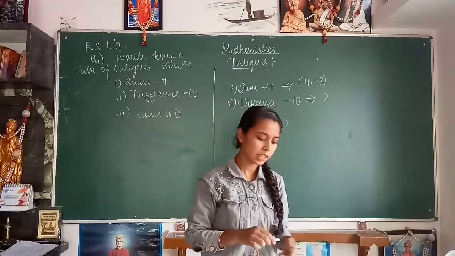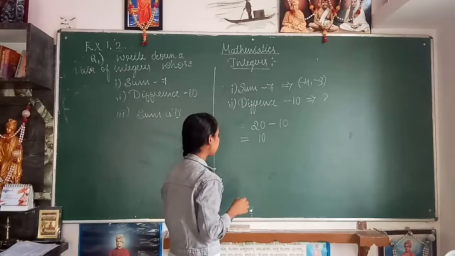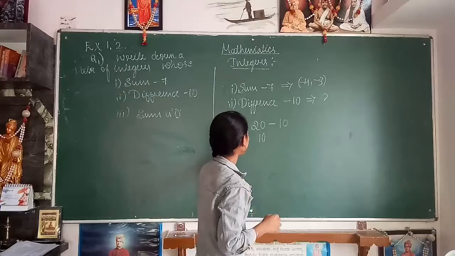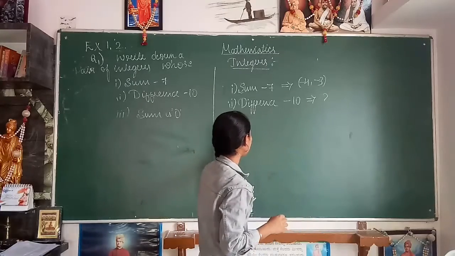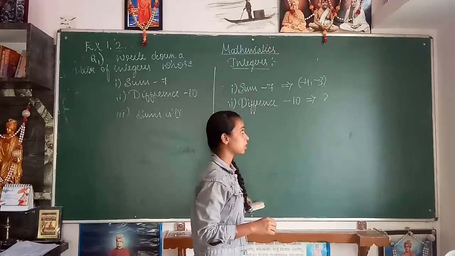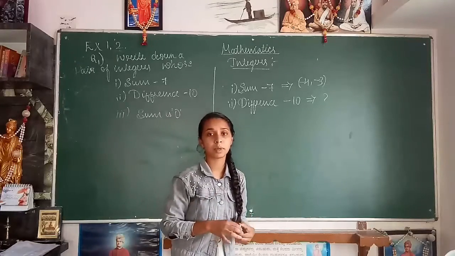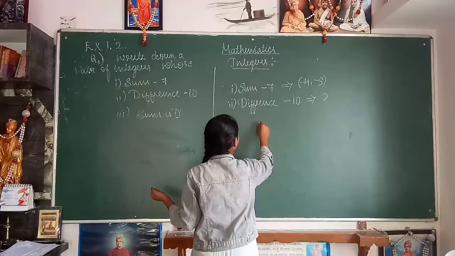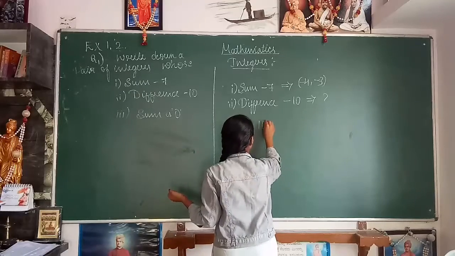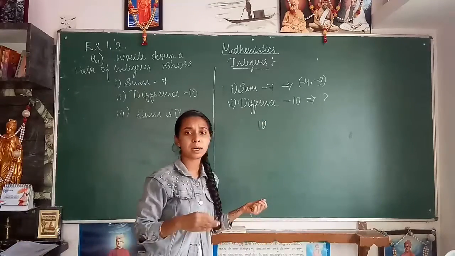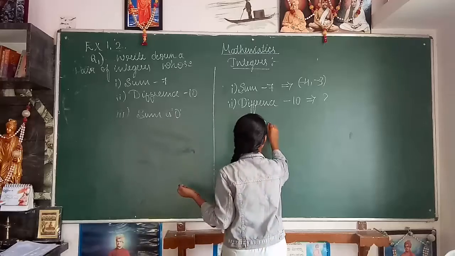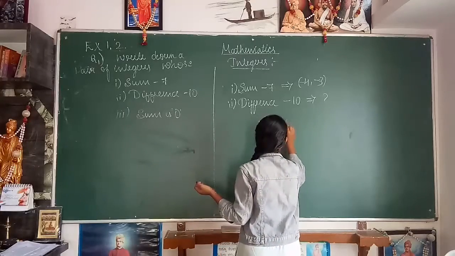So like this, students. Firstly we change these both numbers. So first we take 10 and also another integer, that is minus 20.